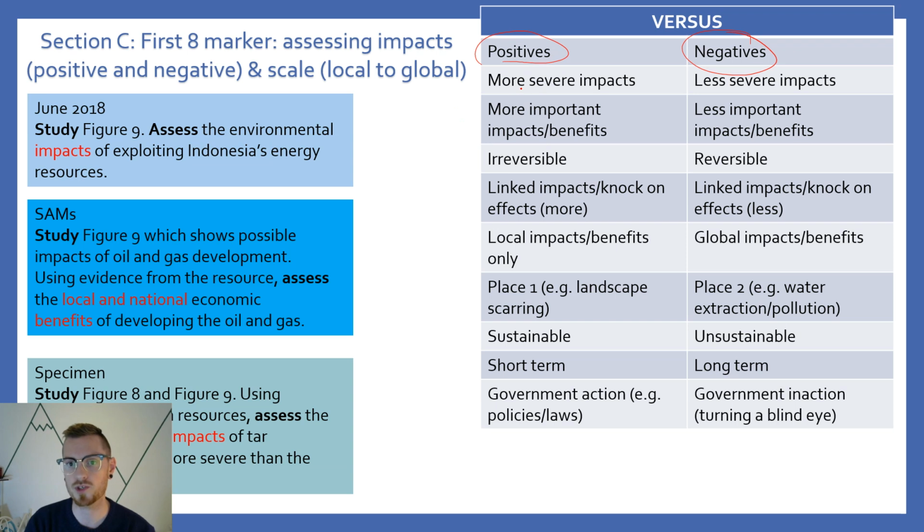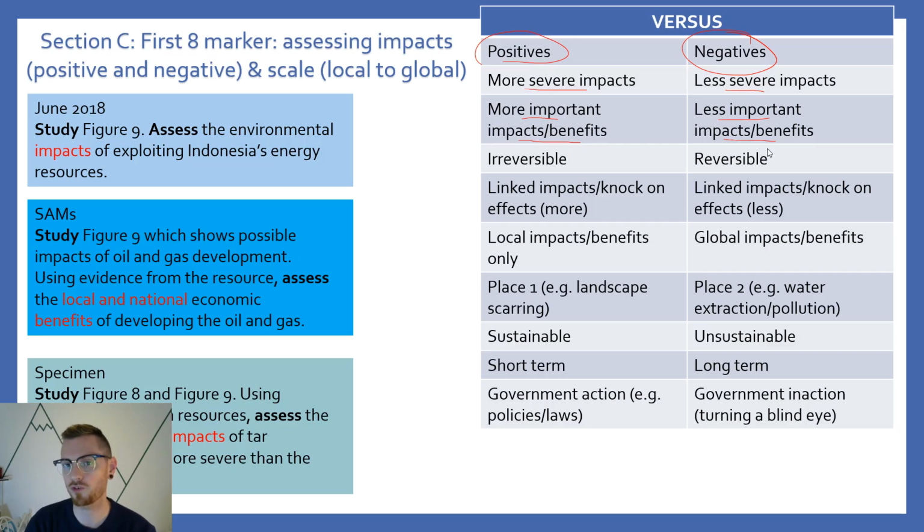Maybe you could look at more severe impacts versus less severe impacts, or more important impacts or benefits and less important ones. These could be how you order your 3 points.